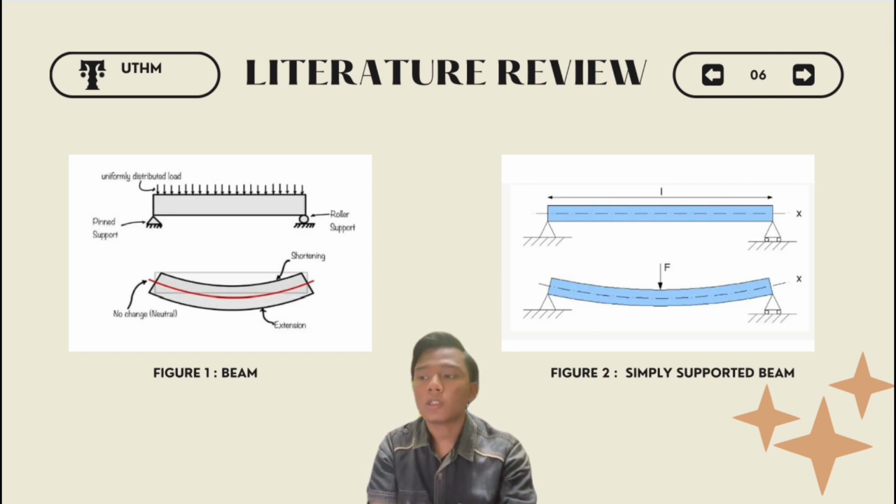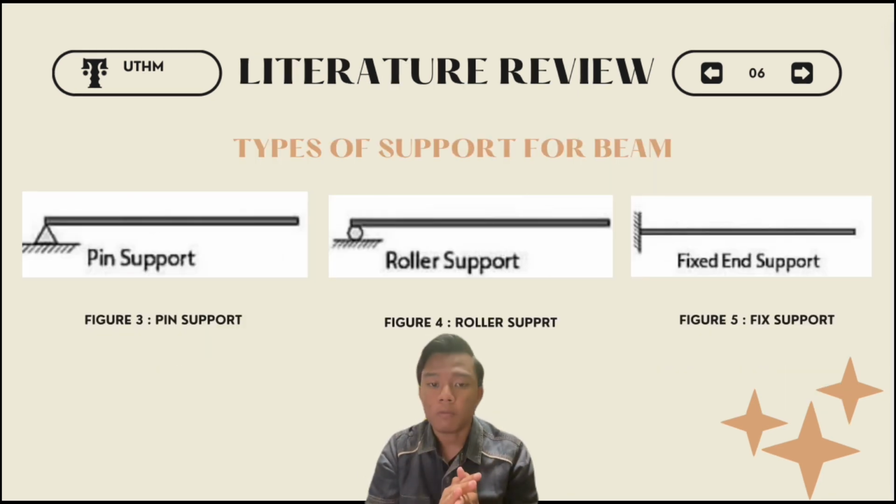This allows rotation and vertical movement but not horizontal movement at the support. For the beam, we have three types of support. So first is a pin support, second is a roller support, and third is a fixed support.